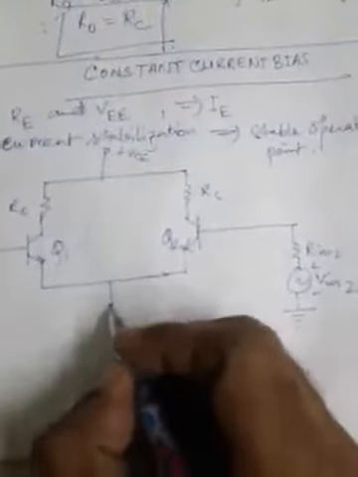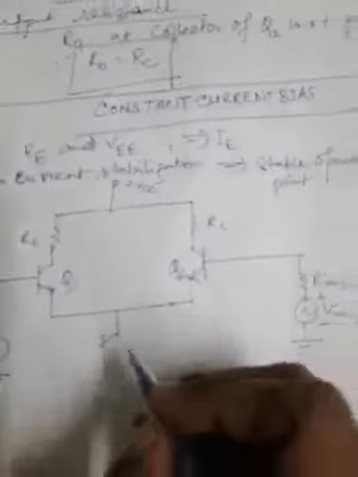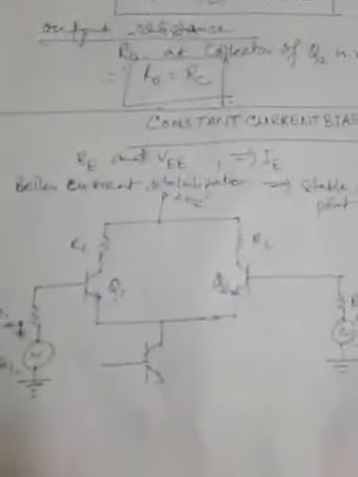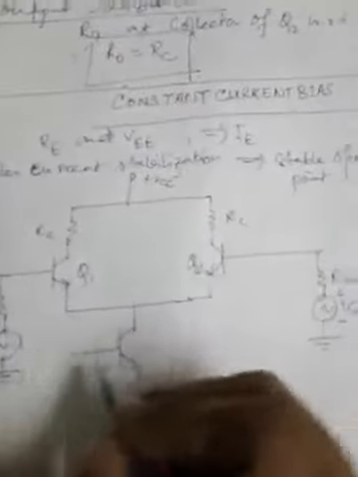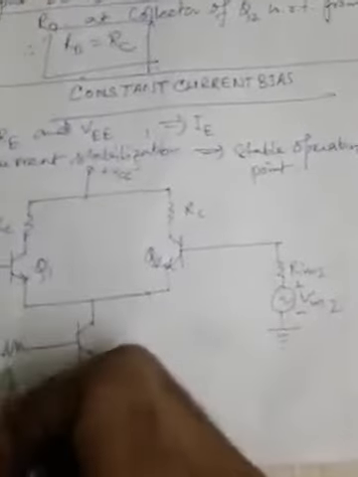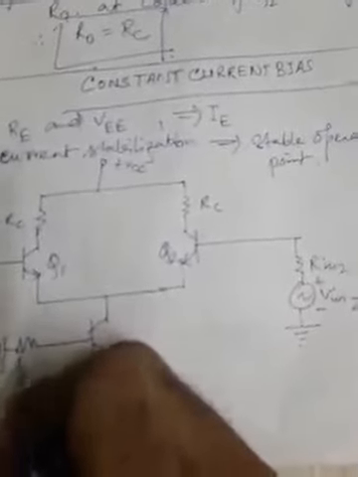We are introducing here an NPN BJT. Instead of a resistor we are using a BJT in this fashion, where at the base these two resistors are connected.